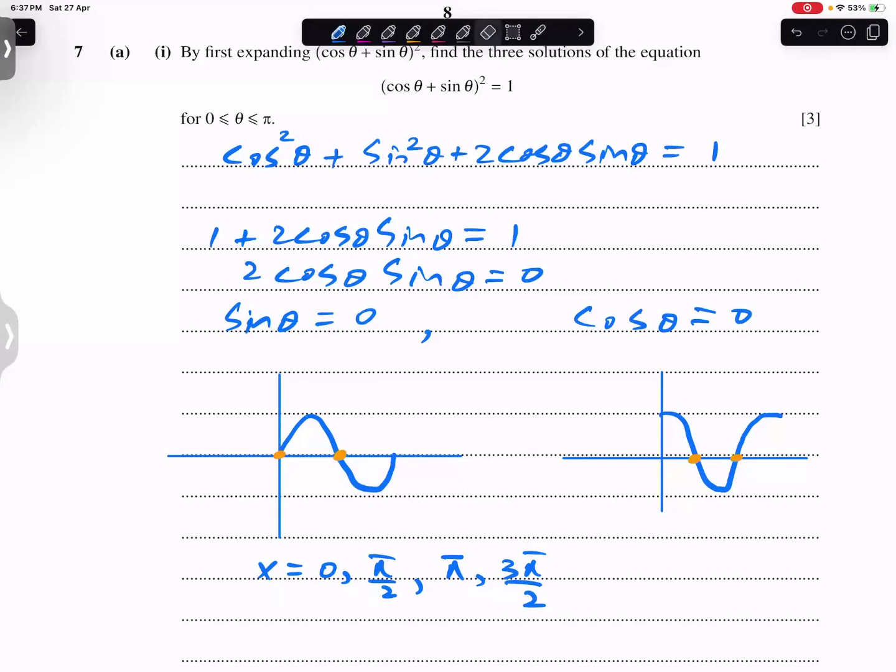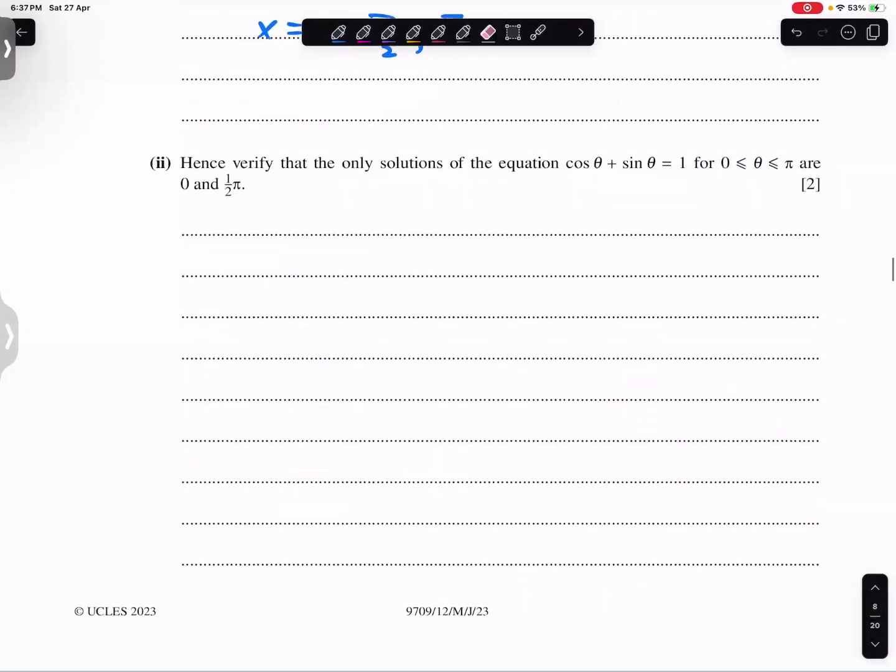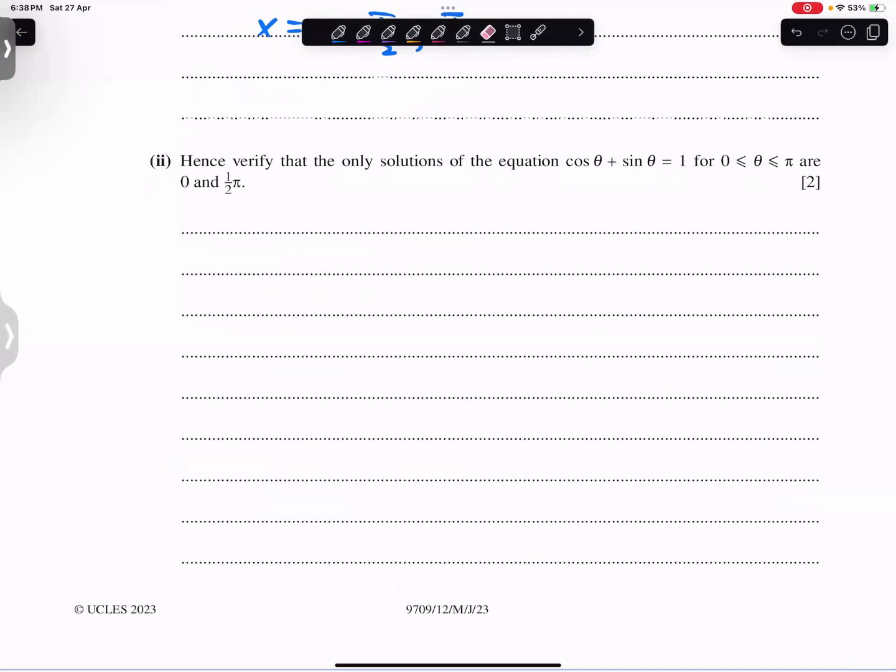Sorry, students, 3 pi by 2 is not in the domain. It is out of domain. So 0, pi by 2, and pi. 3 pi by 2 is actually greater than pi.